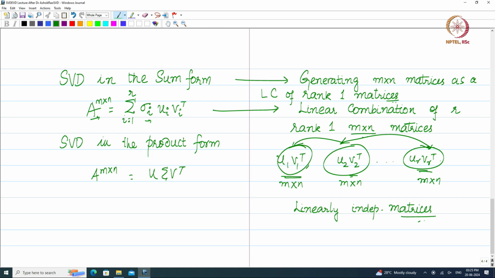As Professor Gilbert Strang says, and Professor Bitterov also says, singular value decomposition seems to be the core of the entire linear algebra. In fact, Professor Strang even says it is from here that the journey into linear algebra begins.